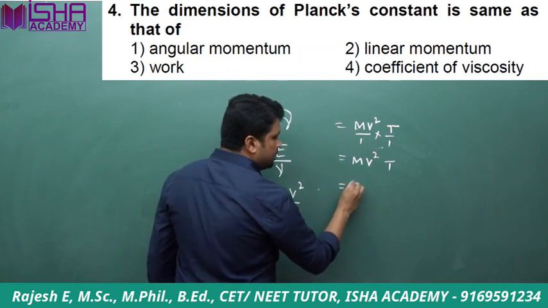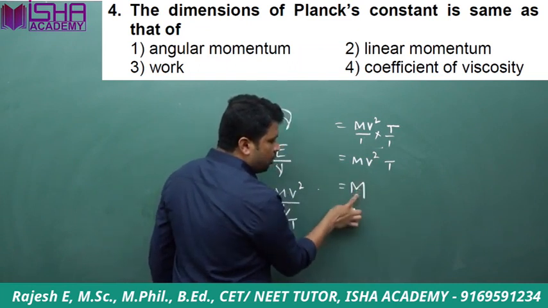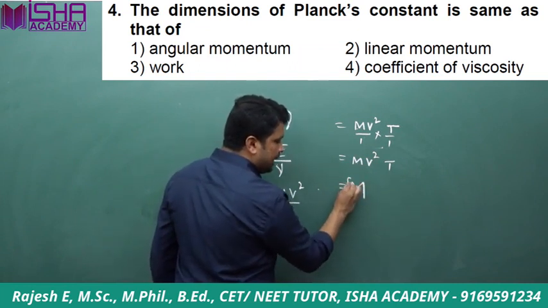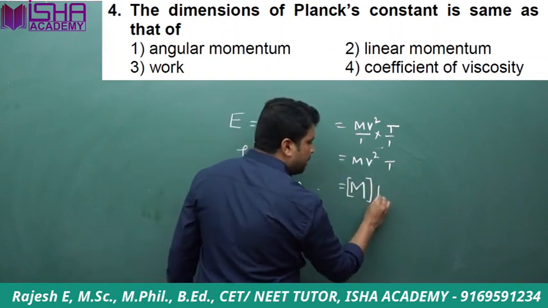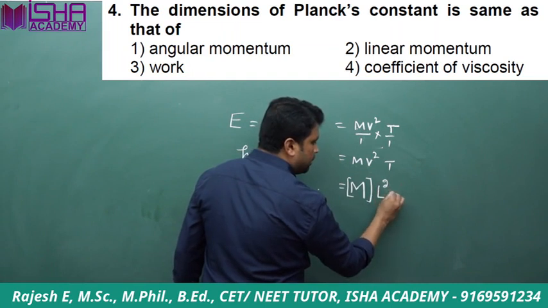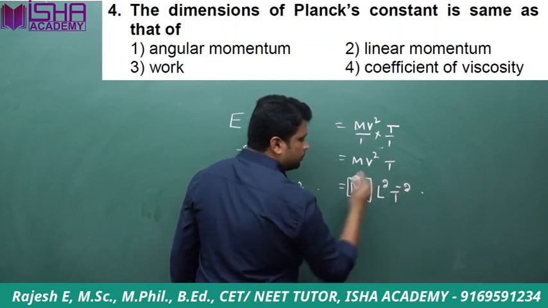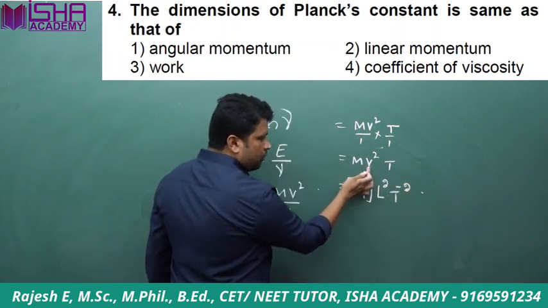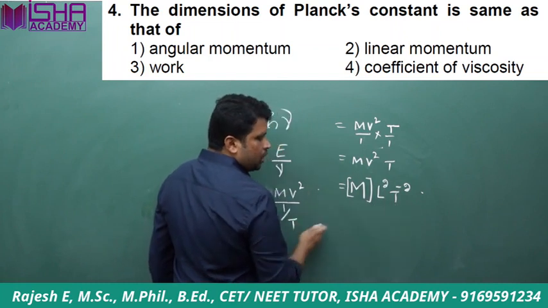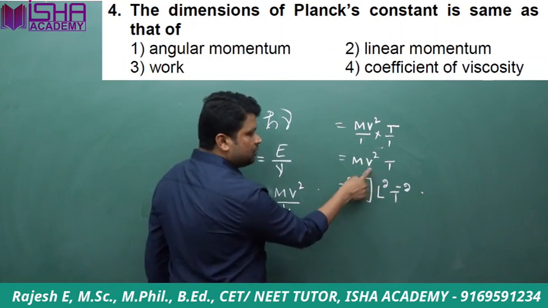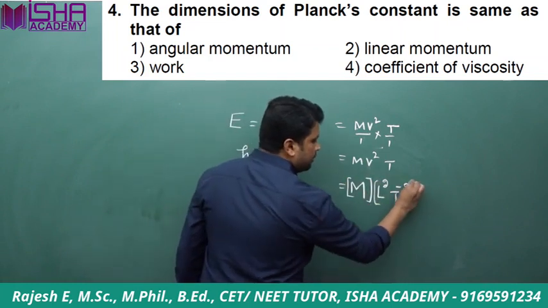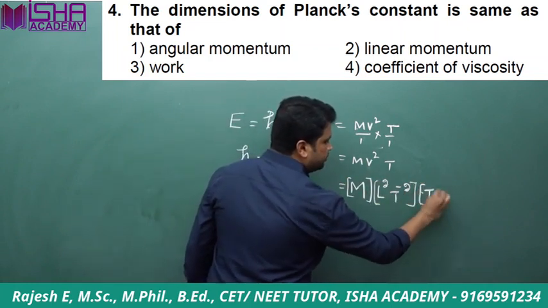So what is m? M is mass. The dimension formula for mass is M. The dimension formula for velocity is meter per second, because v is meter per second. So v square is meter square per second square, and we have t here.